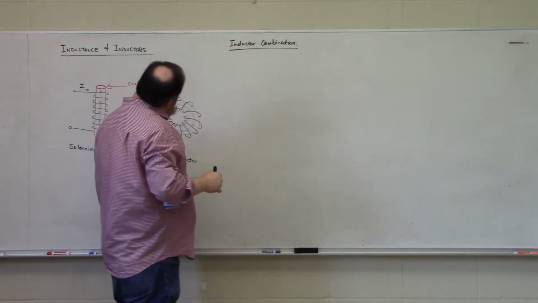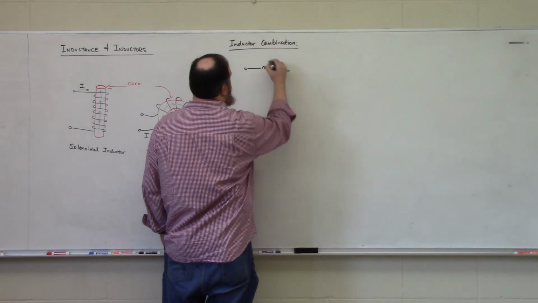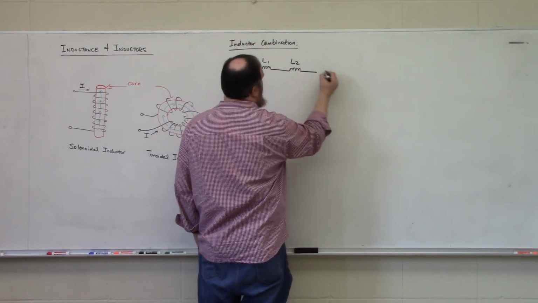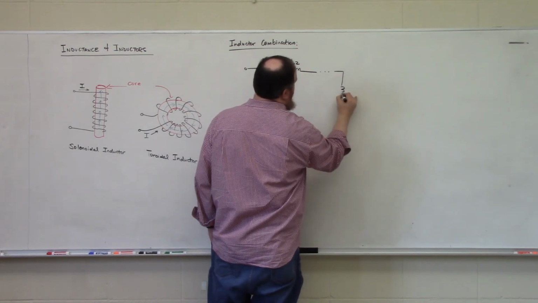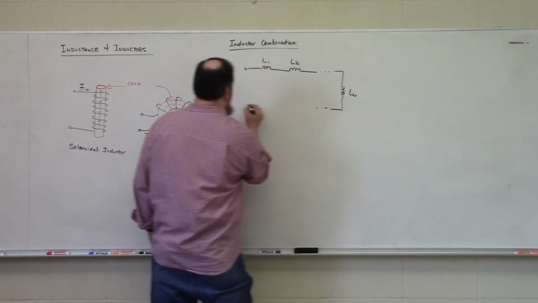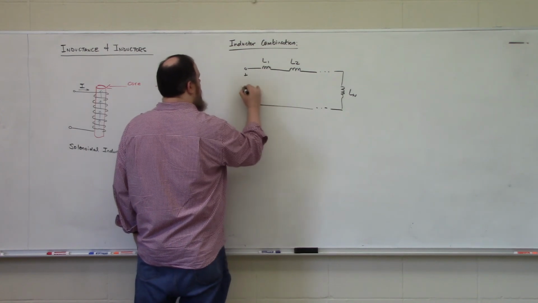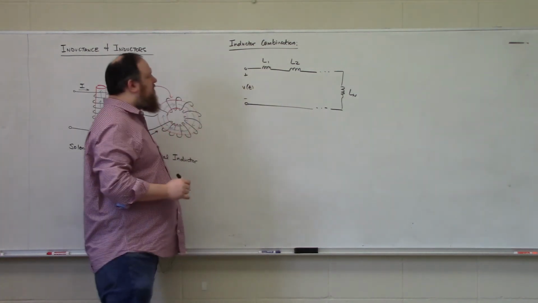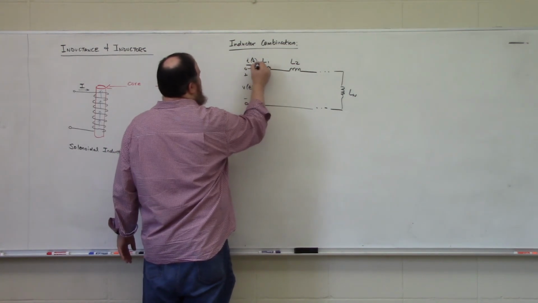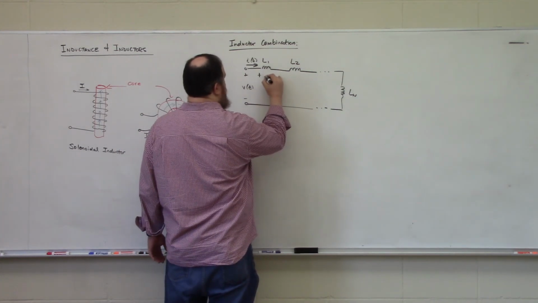So if we have n inductors connected in series, this is inductor 1, inductor 2, inductor n, and there is some voltage drop, V of t, over the inductor network, some current I of t flowing into the inductor network, we would observe that there is a voltage drop over each inductor.